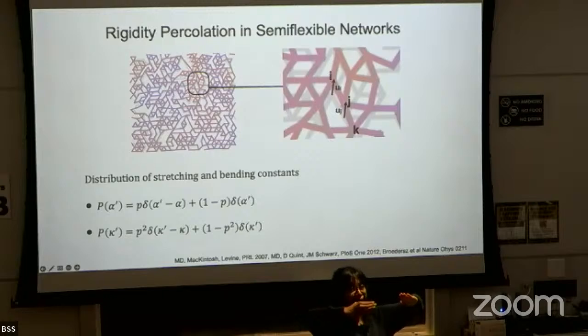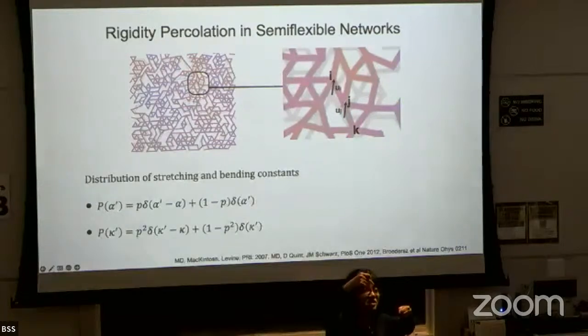So in a network, you can have, like anytime you have a pair of bonds that's initially making, in a triangular lattice, right? Let's say when all the bonds are there, you have a coordination number of 6. So you have 3 crossing filaments. So in that situation at a node, you have 3 bond pairs. That's the maximum number of bond pairs you will have at a node, right? But then you can dilute, some of the bonds are missing, etc. So you can end up with 2 bond pairs or only 1 hinge bond pair like this, right?